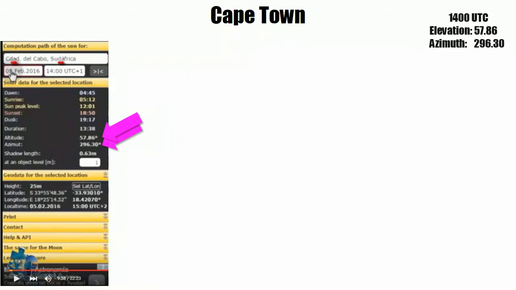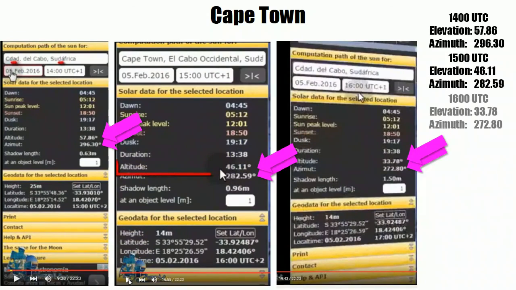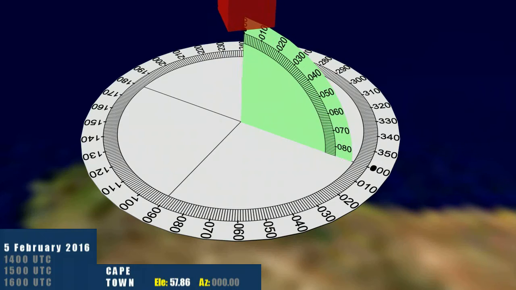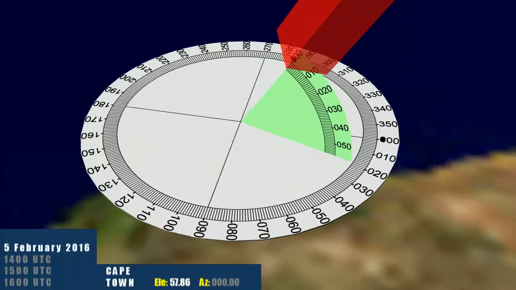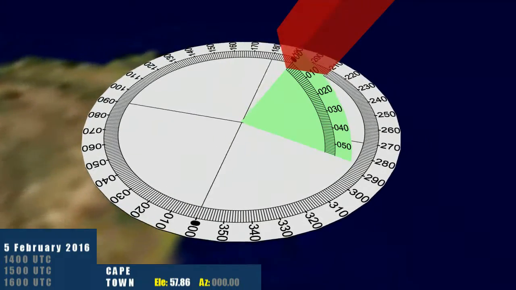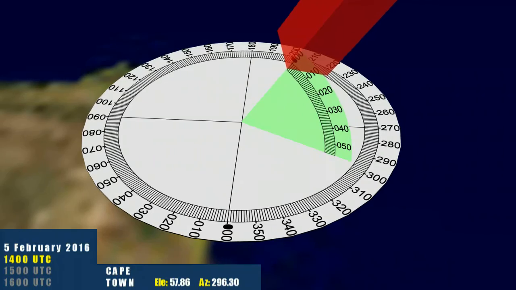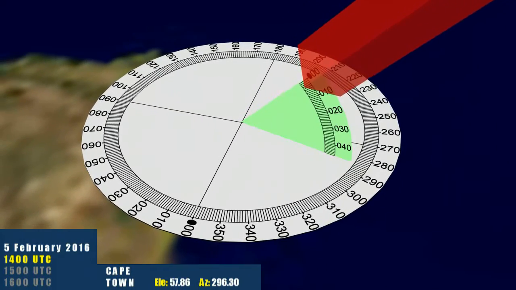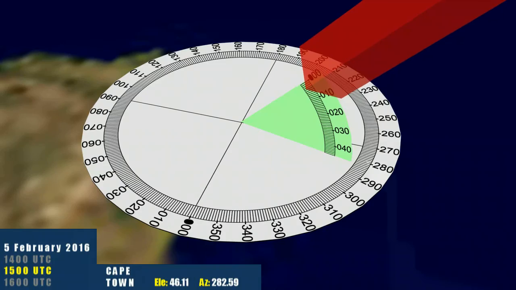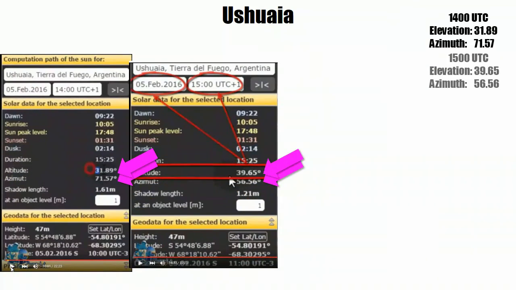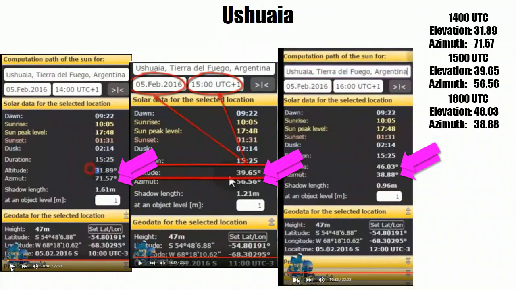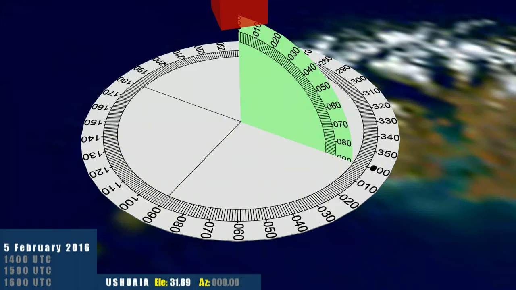You go through the one for Cape Town, same thing. And then of course Ushuaia. I'm gonna screw that name up this whole video.